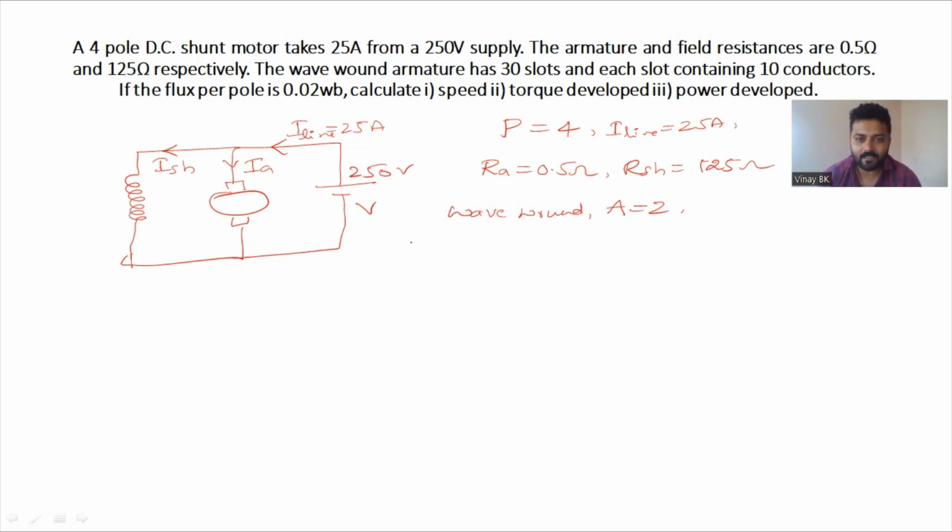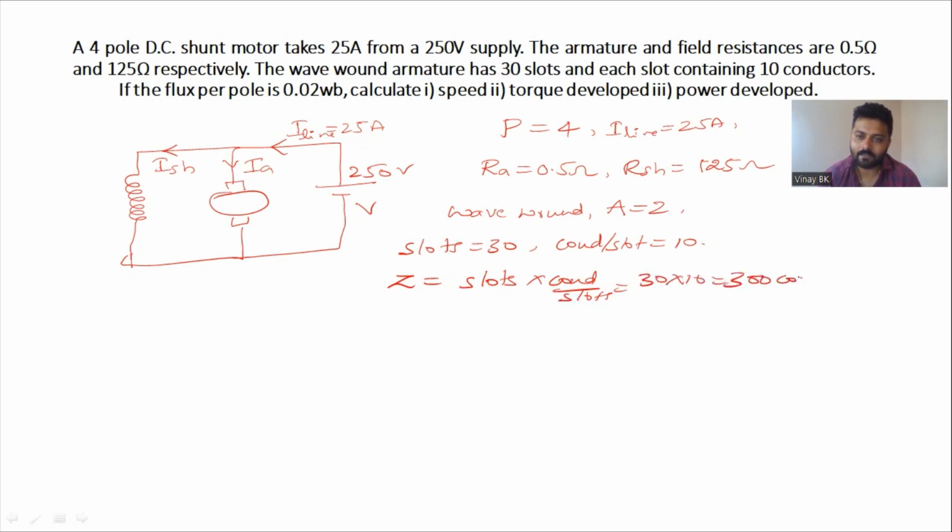And it has 30 slots, and conductors per slot they are given 10, so that you can get the total number of conductors Z equals slots into conductors per slot. That's nothing but 30 into 10, you get 300 conductors.